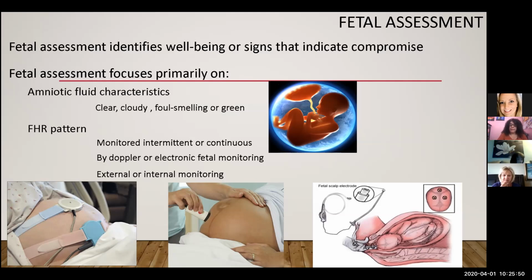So we were talking about intermittent fetal monitoring and how it is widely underused. We typically use continuous monitoring, which means that we have the monitors on the abdomen at all times, or internal monitors in place at all times to assess the mom.